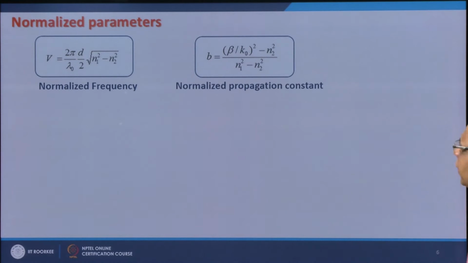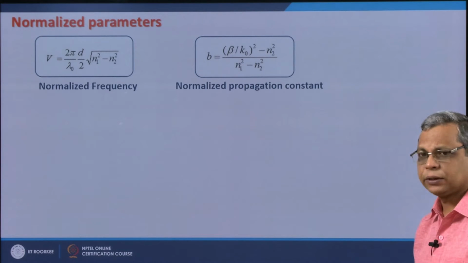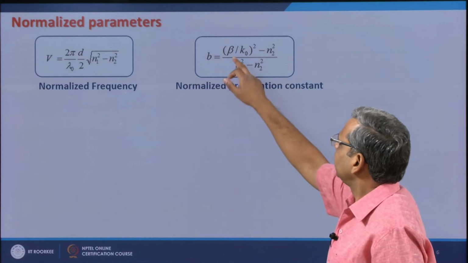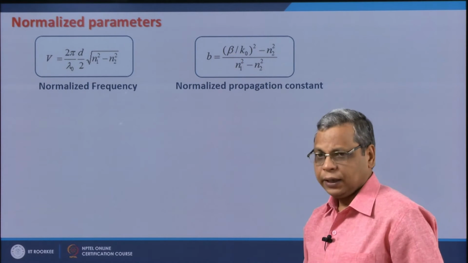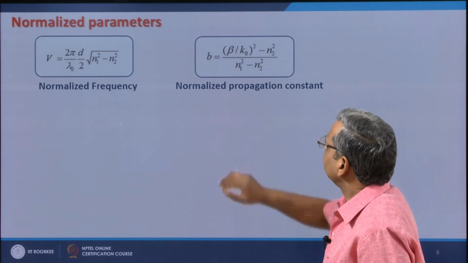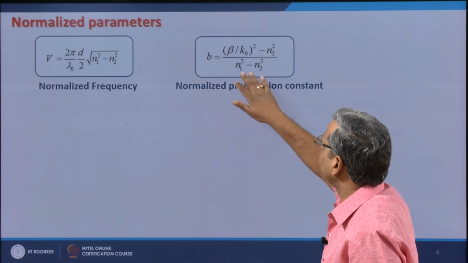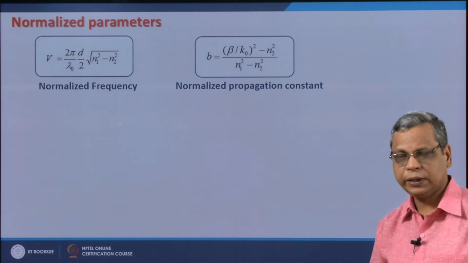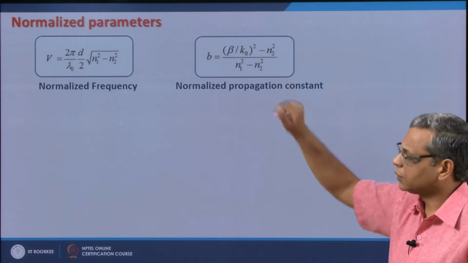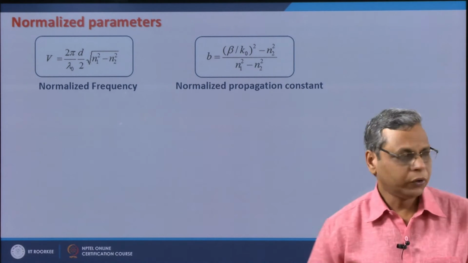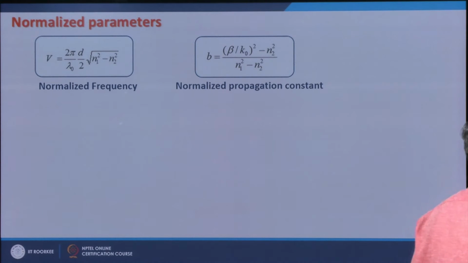Let me also define normalized propagation constant, that is, let me normalize beta. And how do I normalize beta? I take beta over k naught square minus n2 square divided by n1 square minus n2 square. If I normalize beta in this way, then for guided modes the value of B lies between 0 and 1.